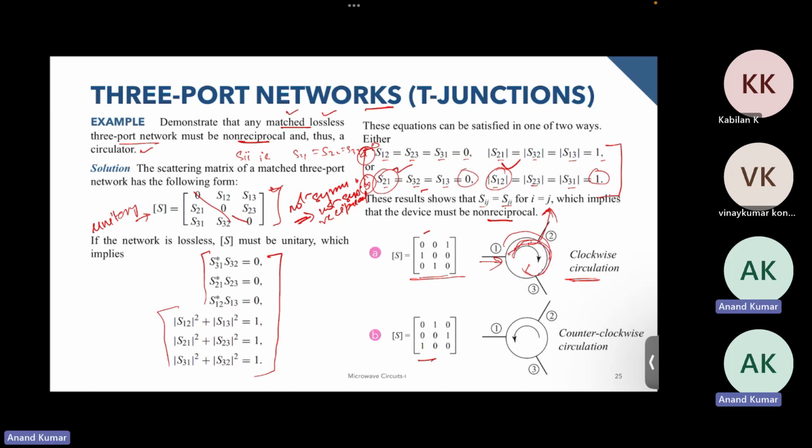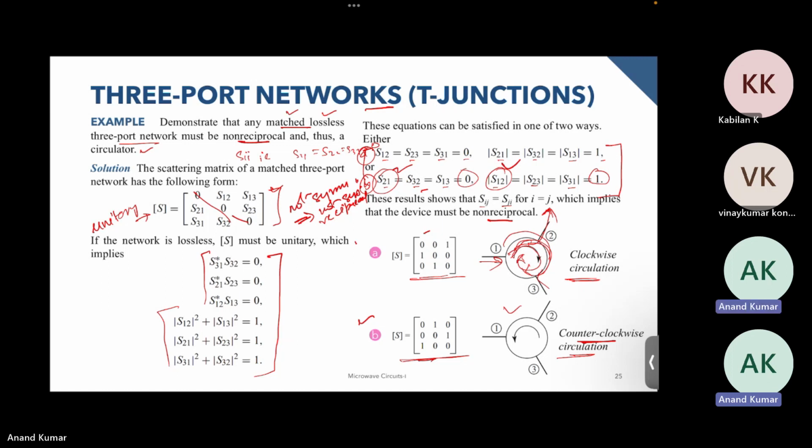And the opposite happens in the second case, where we have this particular S matrix. So we have counterclockwise circulation in this second criteria. Any doubts from this?